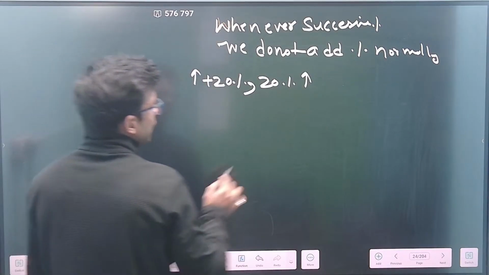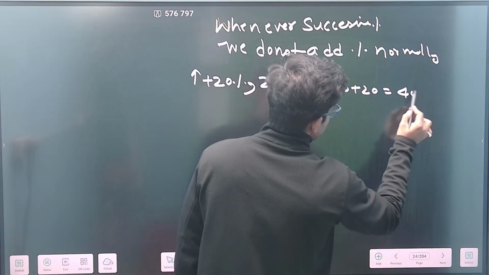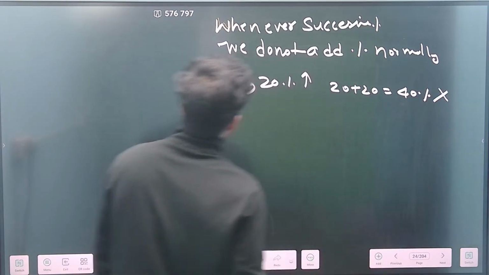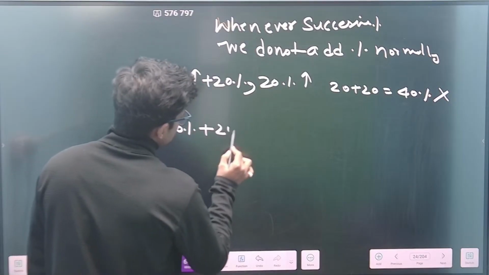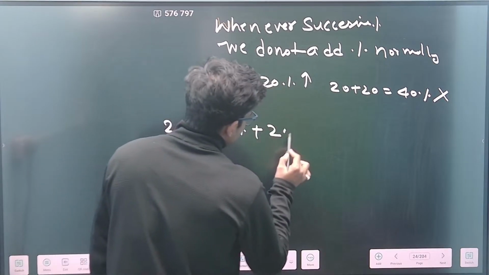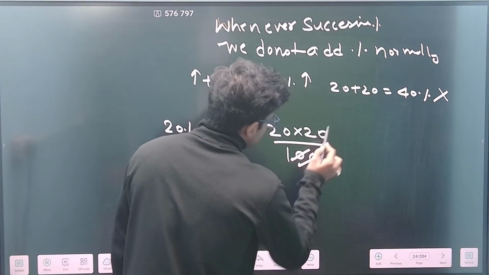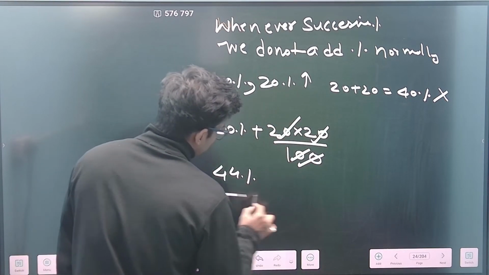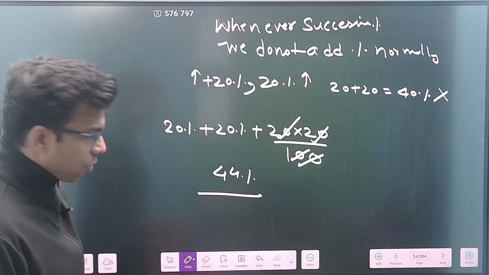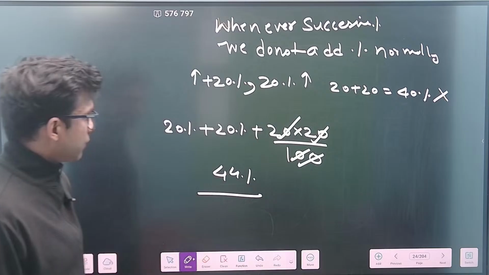So you will not write that 20 plus 20 is equal to 40%. No, this is wrong. You should write 20% plus 20% plus 20 into 20 by 100. So the zeros get cancelled out and the impact would be 44%, not 40%. I hope this is making sense to everyone, correct?